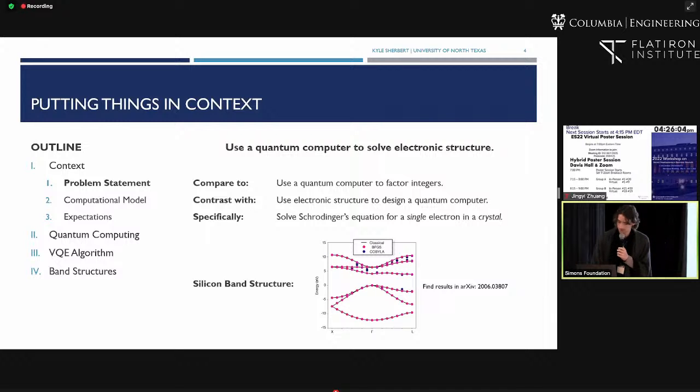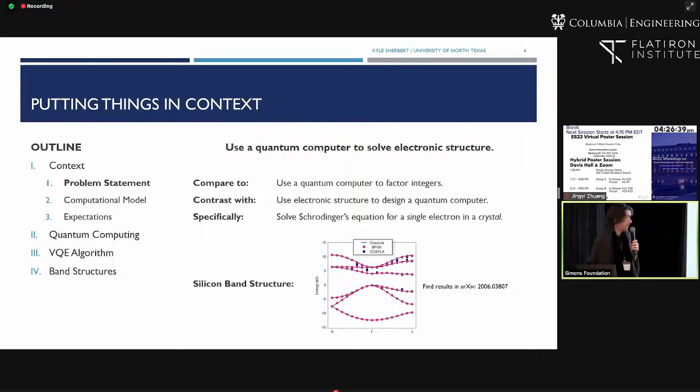I also want to contrast on this slide another reason that material science and quantum computers interact, and that is to do electronic structure calculations to design or to build quantum computers. This is a very active area of research and also a very important one, but it's also one that I personally have absolutely nothing to do with. So we're on the algorithm design side as opposed to the building quantum computers side.